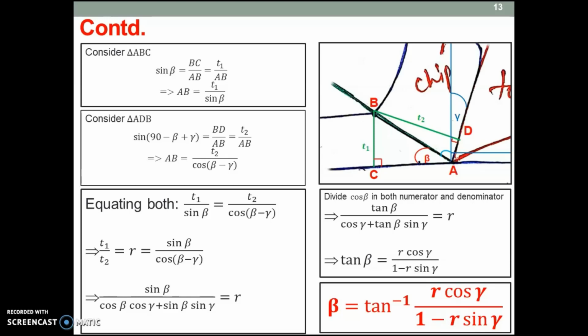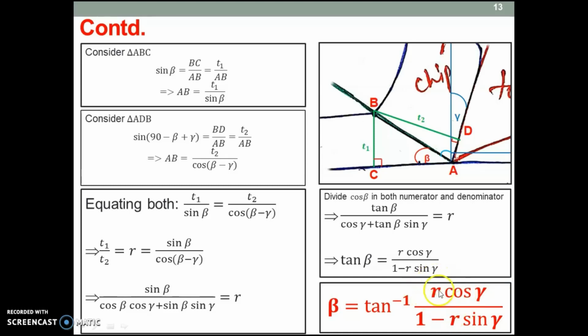So here r is your chip thickness ratio, gamma is the back rake angle, and if you have to find out the shear angle, then simply you take tan inverse of r cos gamma divided by 1 minus r sin gamma. So from this expression you can also know that beta depends on your r and also the gamma from the tool signature.